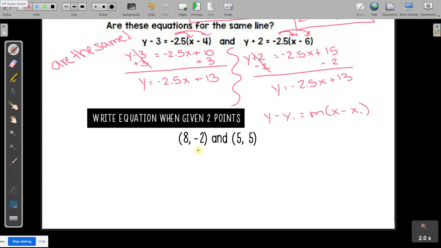So we need a point and a slope. So we have 2 points here, so we're going to need one of them. Doesn't matter which one. I like to use the first point every time, but we need a slope. So the first thing we have to do is find slope.